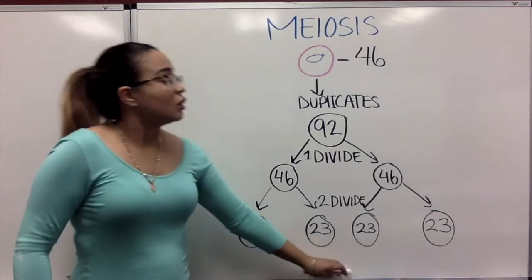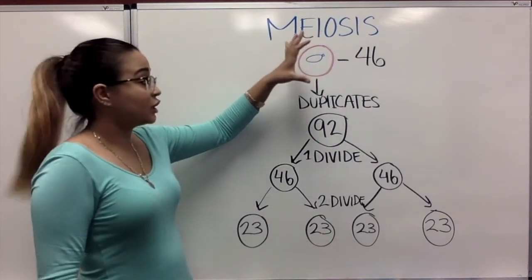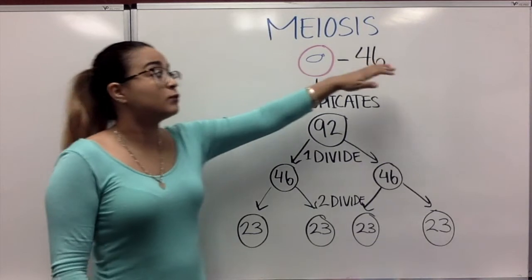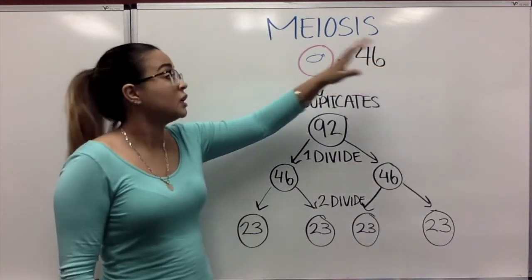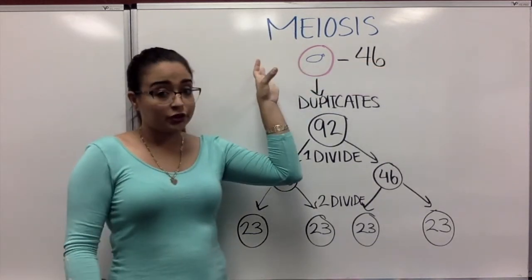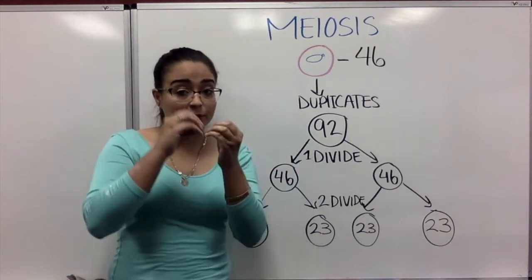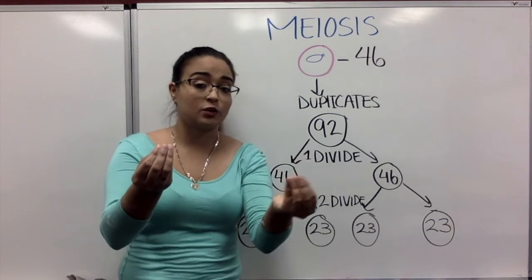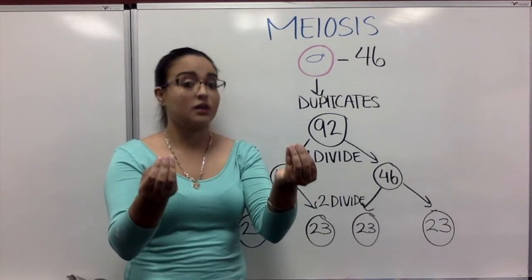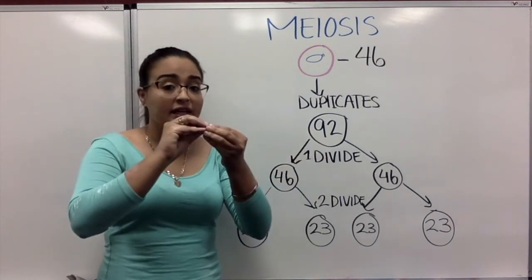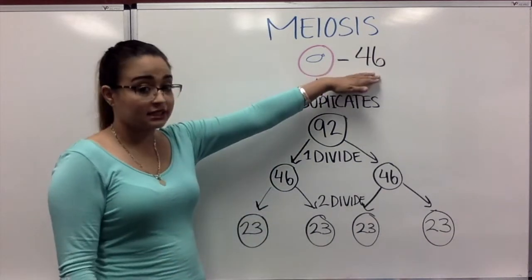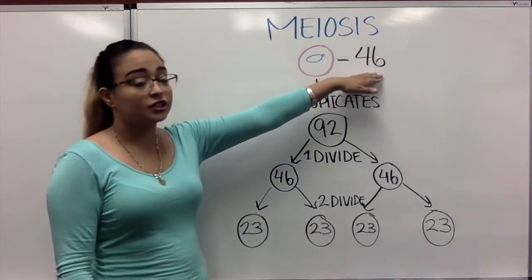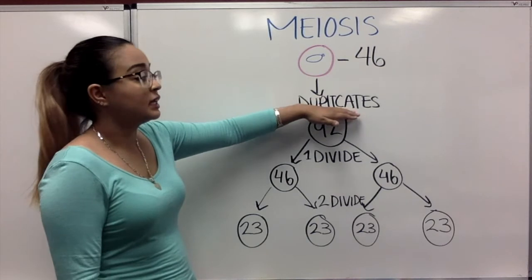So this is why we start off with one cell that has 46 chromosomes. When the egg and the sperm unite, we start off with one of them having 23 and the other one having 23 chromosomes. Then when they combine, they together have 46 chromosomes. After 36 hours, it starts to duplicate.